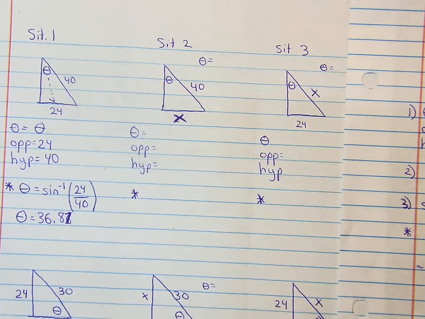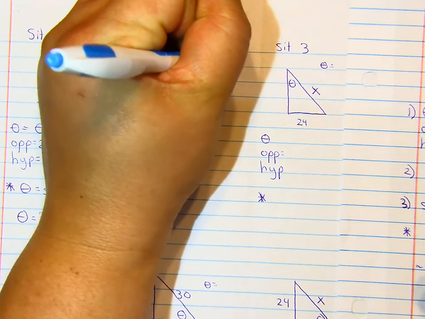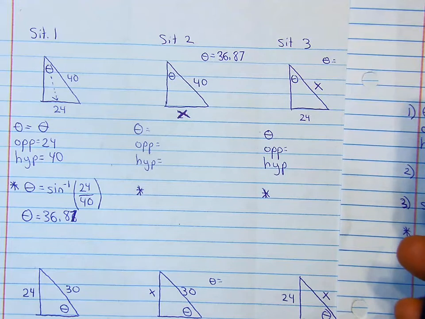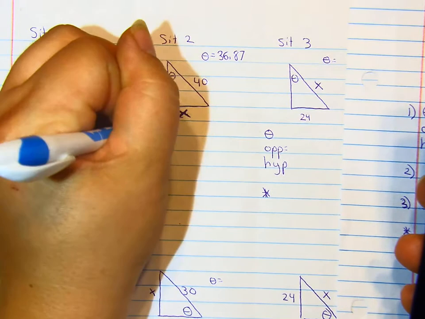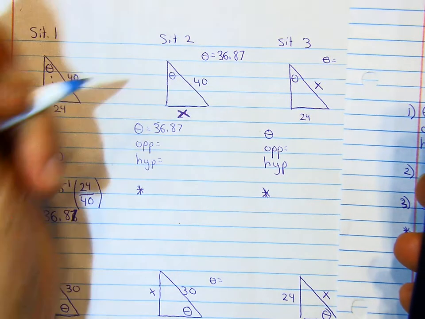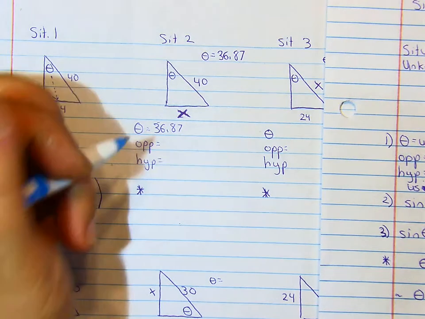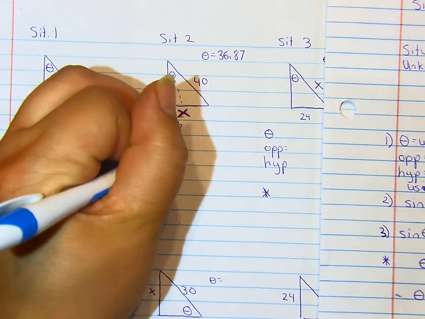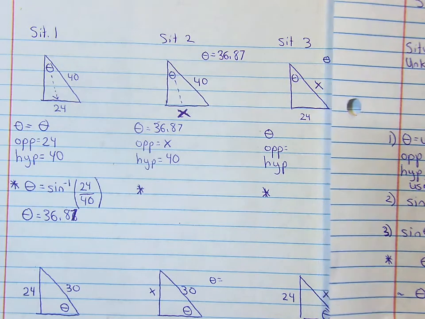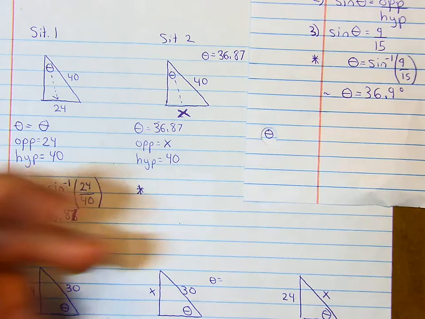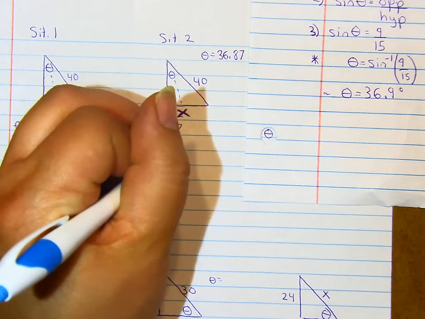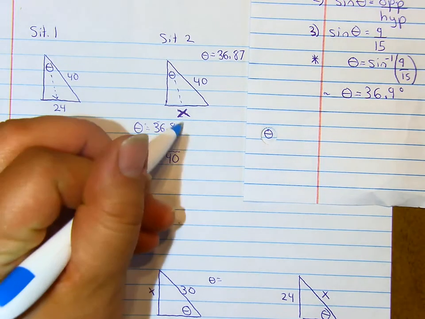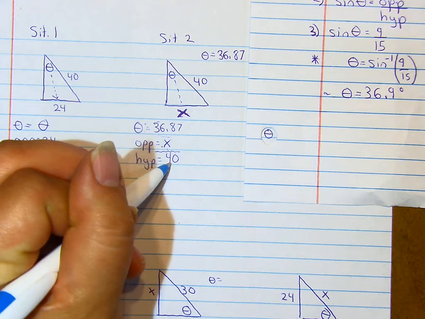Situation 2. Given that my theta is 36.87, my opposite is x, my hypotenuse is 40. So opposite over hypotenuse. So I'm going to take this to get x by itself. The opposite of dividing is multiplying.